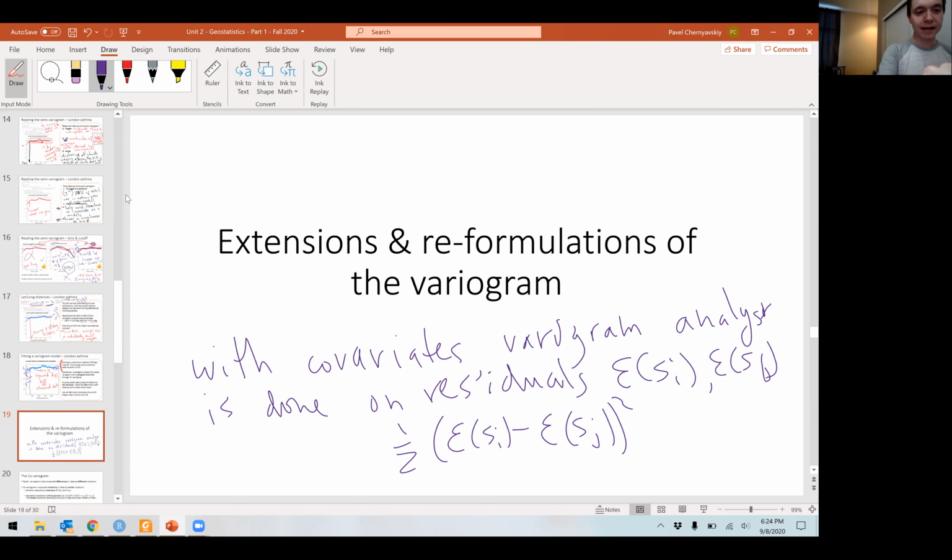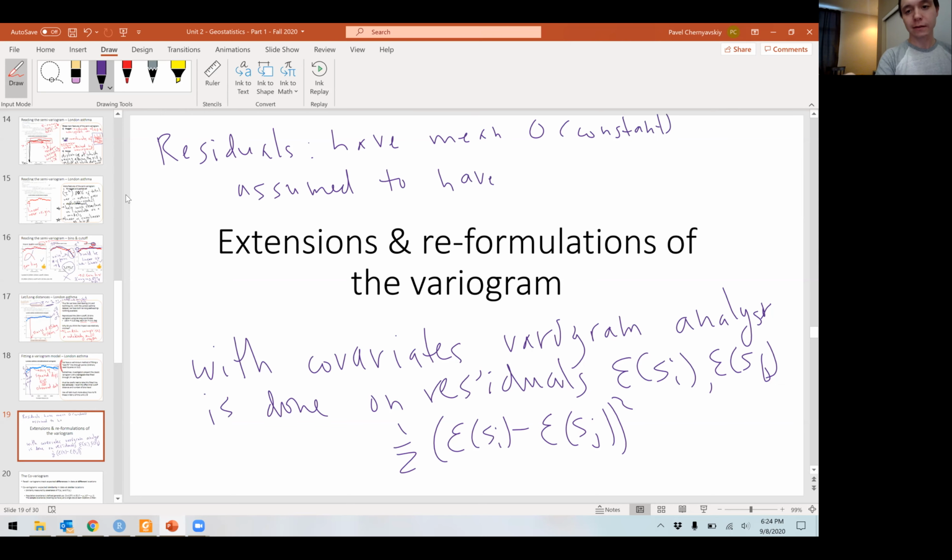This works because our residuals have mean 0, constant mean 0, and are assumed to have a constant variance. So that helps us meet that second order stationarity assumption.